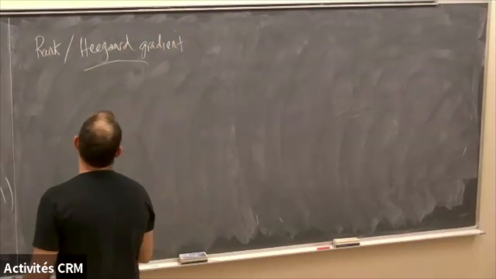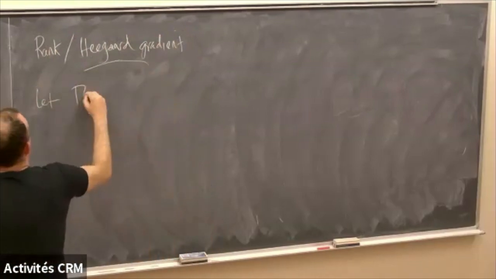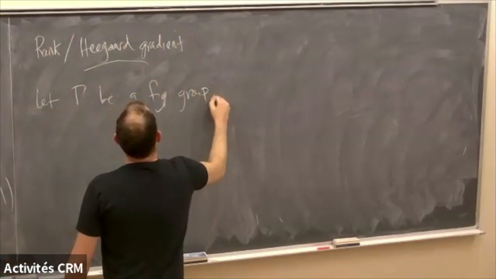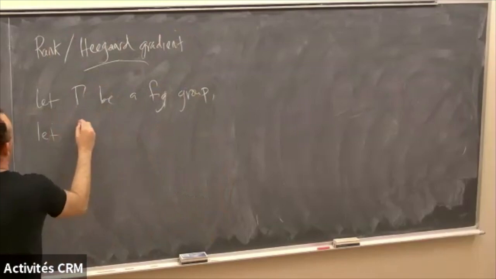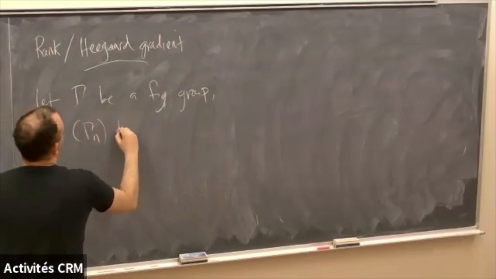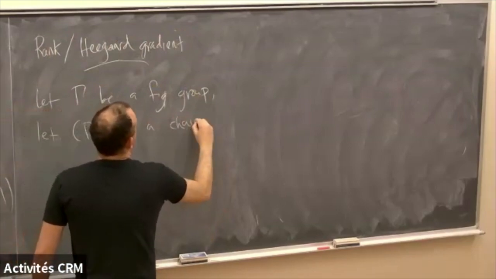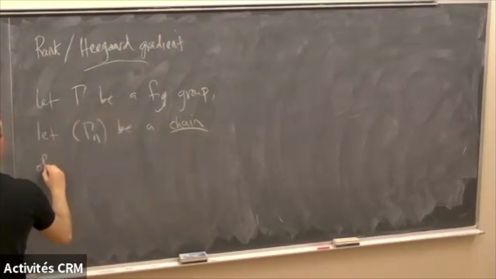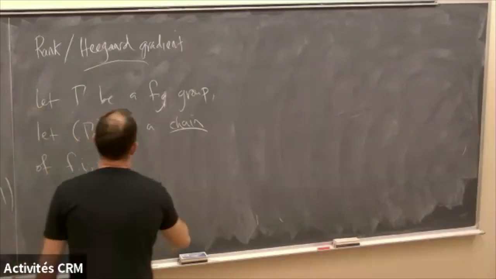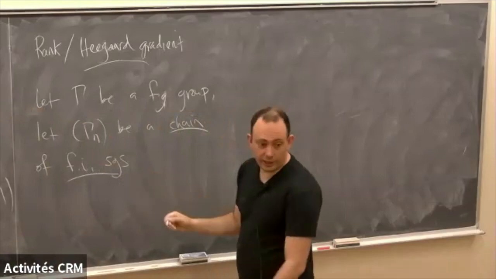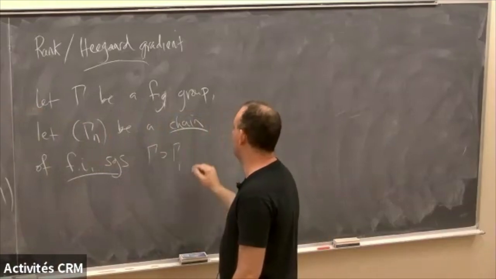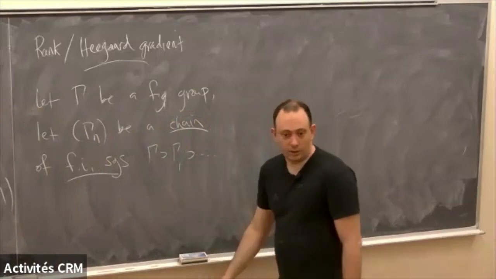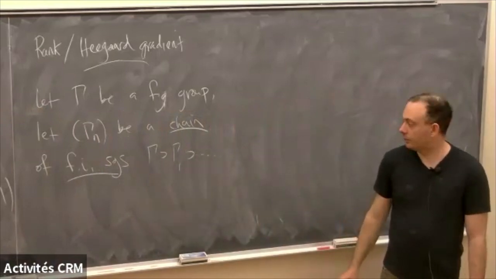So okay, let gamma be a finitely generated group, and let gamma n be a chain of finite index subgroups. All I mean is that these are all finite index, and it forms a chain, which means that gamma 1 contains gamma 2, et cetera.